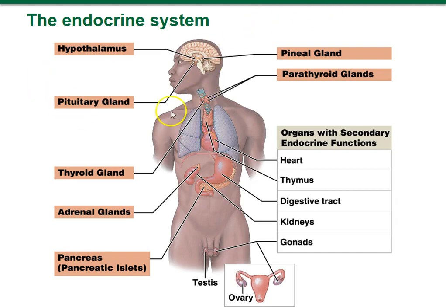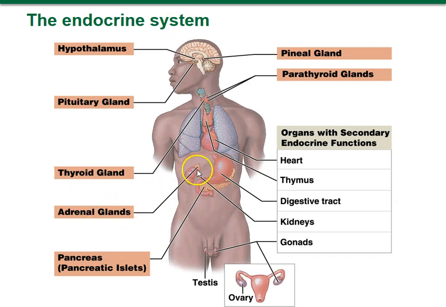As we move down, we have the parathyroid glands, which are on each side of the trachea on top of the thyroid gland. Make sure you're able to identify these when you go to laboratory. Then you have the thyroid gland, which is the more enlarged gland around the trachea. The parathyroid glands really are these four little spots on each side of the thyroid gland.